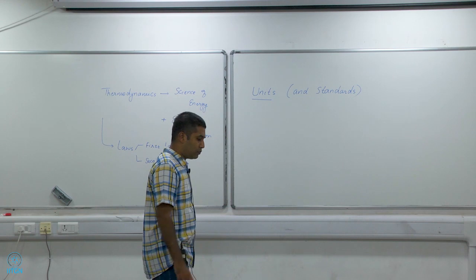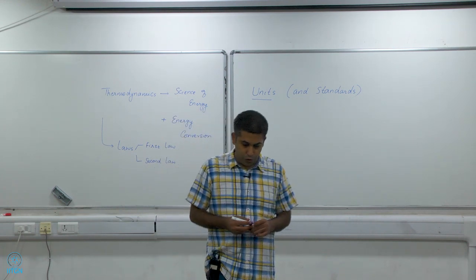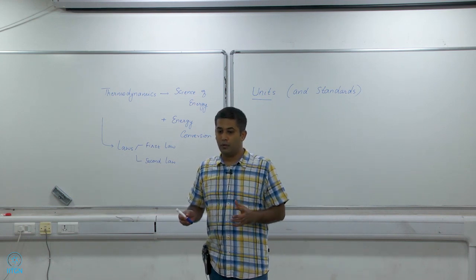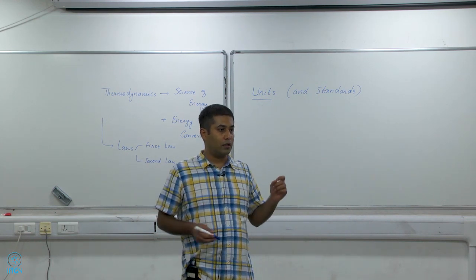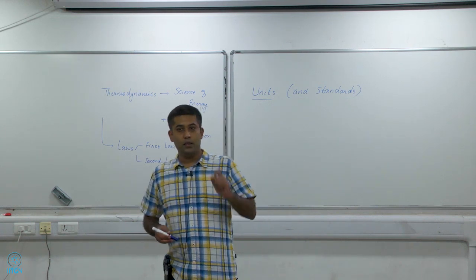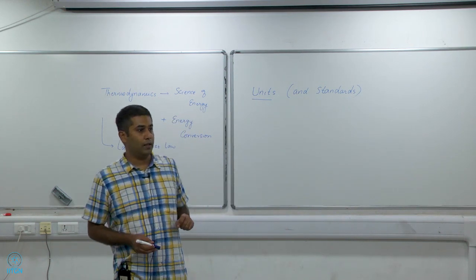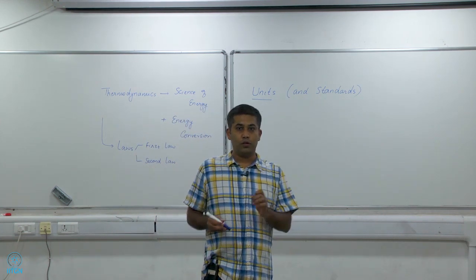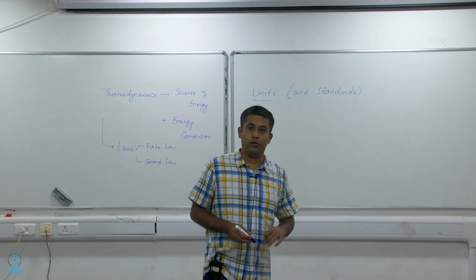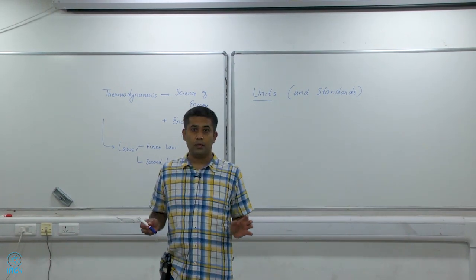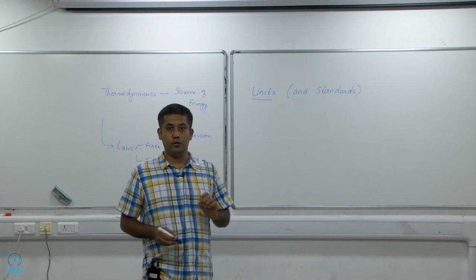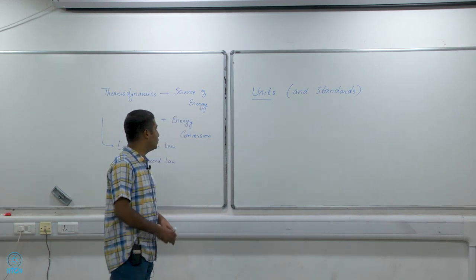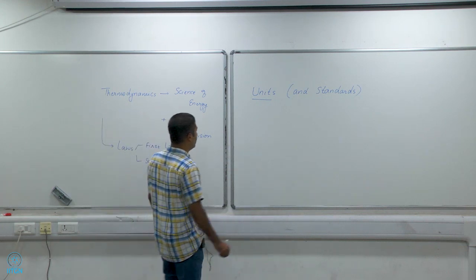And this is particularly important for you because you have come from the JEE system, and the JEE system unfortunately is no longer written answers, it is only multiple choice. And so, there is not much emphasis on things that cannot be tested using multiple choice questions. Therefore, you might not have paid attention to the right way of doing units and dimensions, and standards.